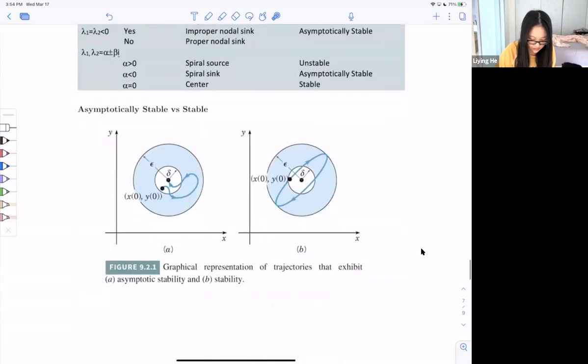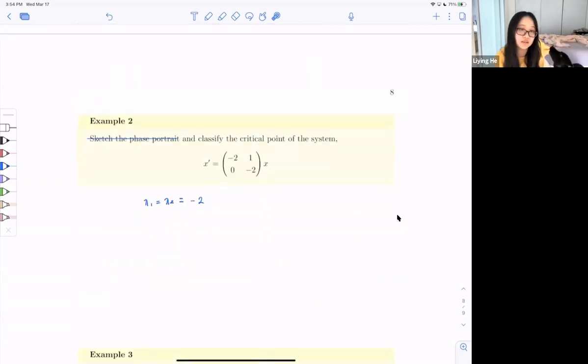What is it? -2, 1. Let's see. -2, 1, 0, -2. So the eigenvalue is -2, and then it's defective. So yeah, you're right, it's defective.